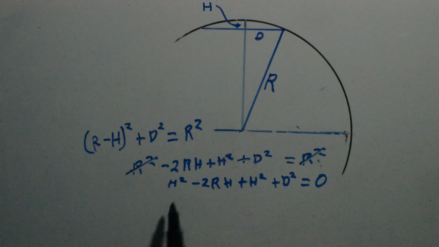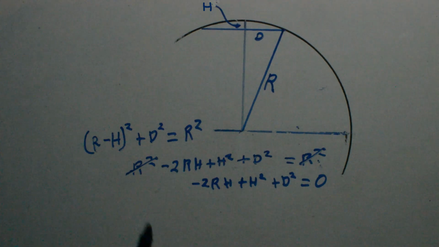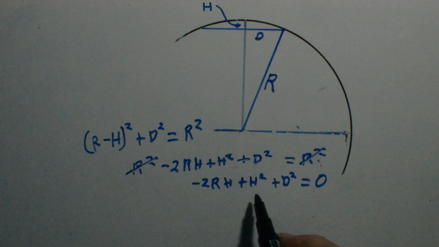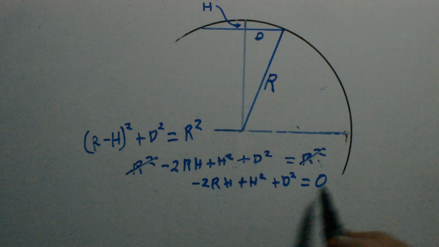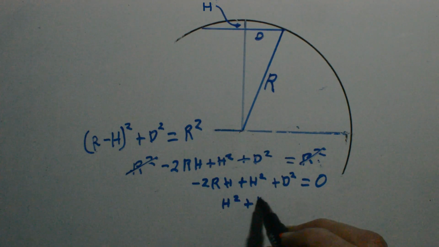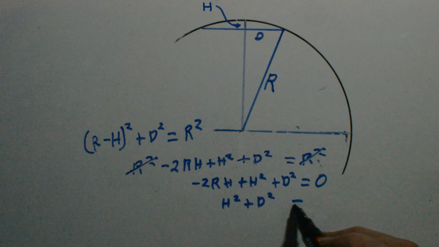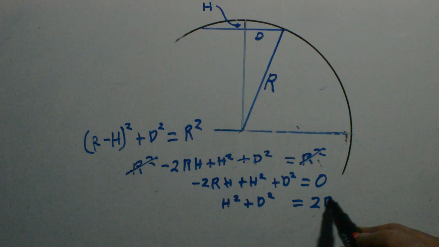So now we can put this on the other side. So we have h squared plus d squared equals 2rh.